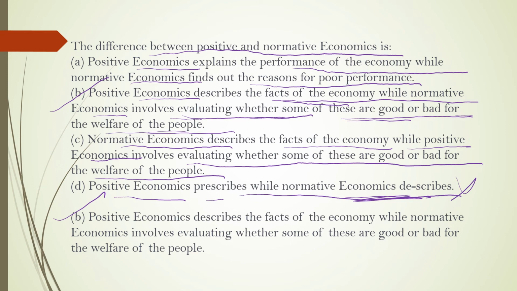And normative economics describes the facts. No, positive economics describes the facts. And here you can see positive economics explains the performance of the economy. The reasons for poor performance will be explained by the normative economics. No, that is also not correct.